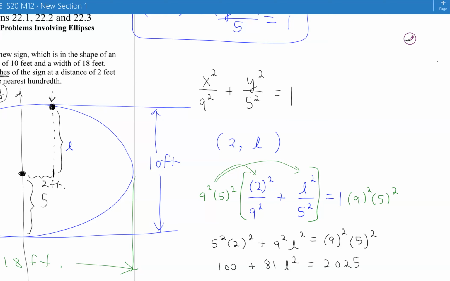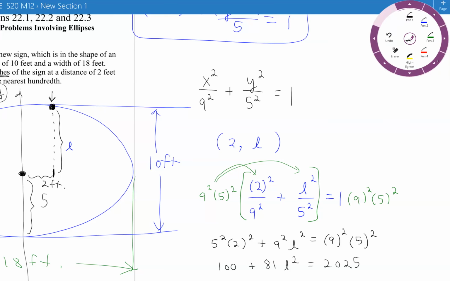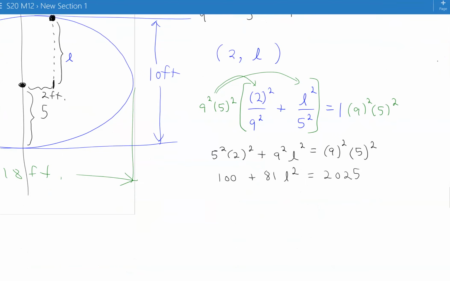So notice this is all in feet, so when we get to the very end, we're going to have to convert into inches. So I'm solving for L, so let me subtract 100 and have 81 L squared equals 1,925. Divide both sides by 81.